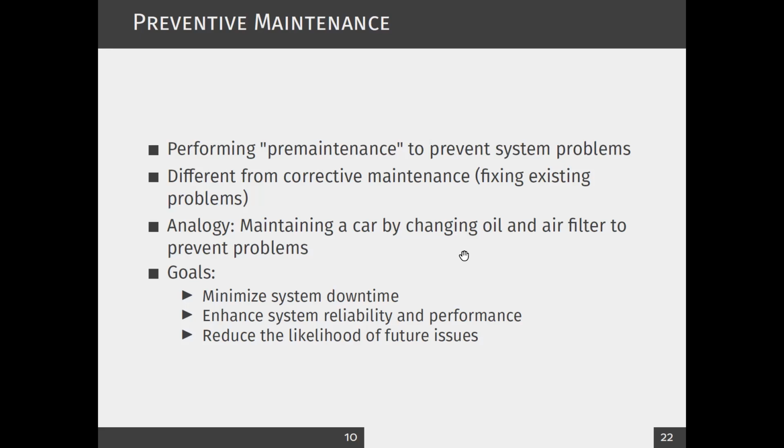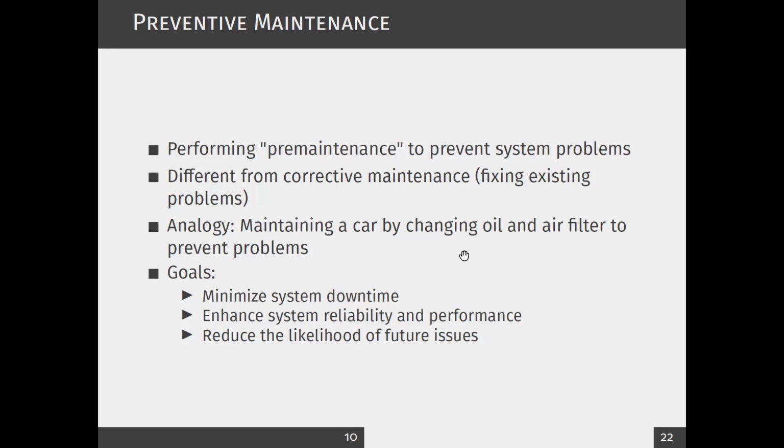Here you maintain the piece of software so that you won't get any bugs in the future, which is what we really need, right? For example, if you are maintaining a car, you change the oil and filter because you want to prevent problems which will come later if you do not do that, right?